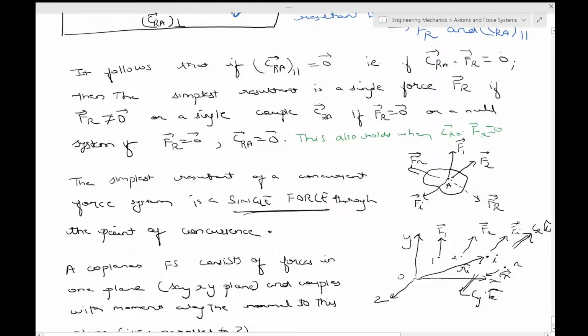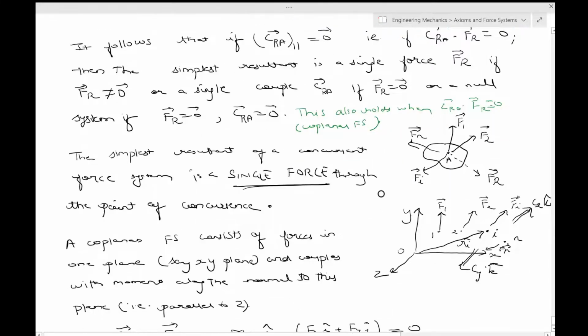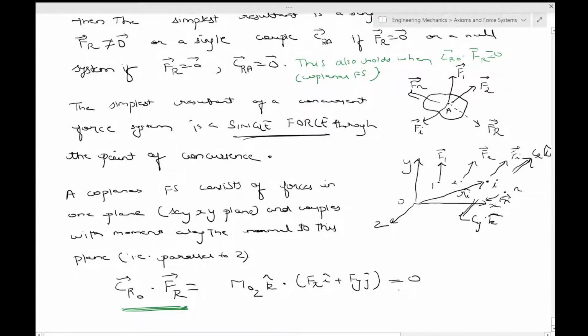This is a coplanar force system. So I hope these green parts are clear to you. Okay, so we have shown that the simplest resultant is a single force if Fr is not equal to 0, or a single couple if Fr is equal to 0. Okay, so you can either have the single force or the single couple.